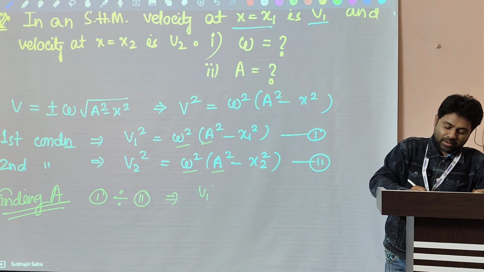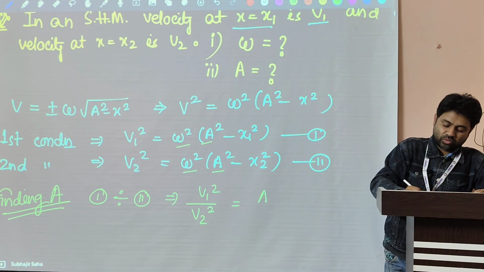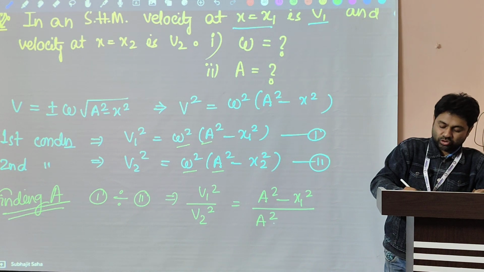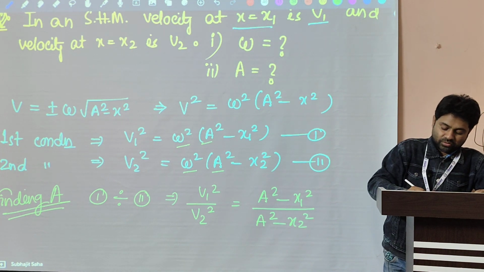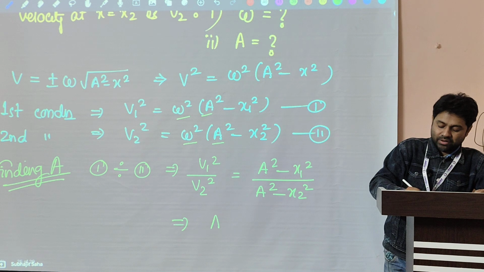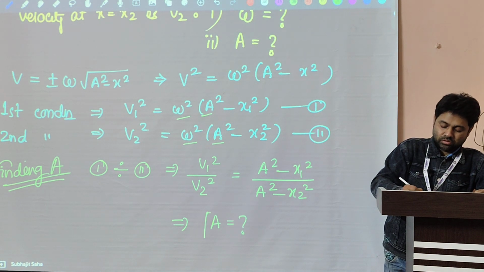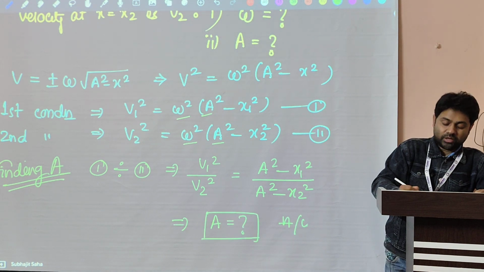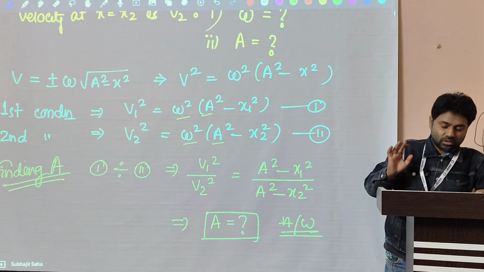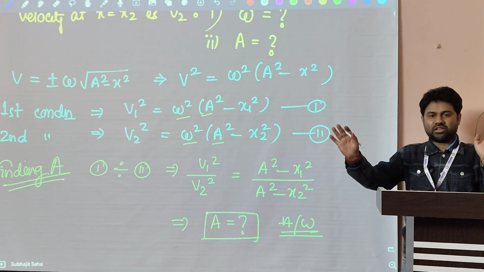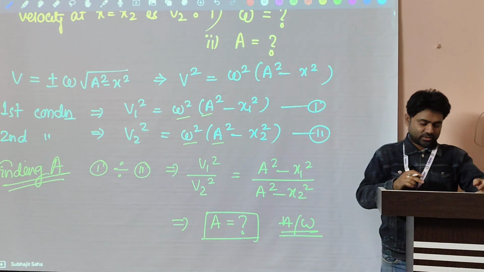So v1 square by v2 square would be equal to omega square cancels out, a square minus x1 square by a square minus x2 square. From there you can really find a. I will leave that to you as homework. You can do it by yourself. It's very easy. Just simplification needed. Cross multiplication and simplification. Nothing else.